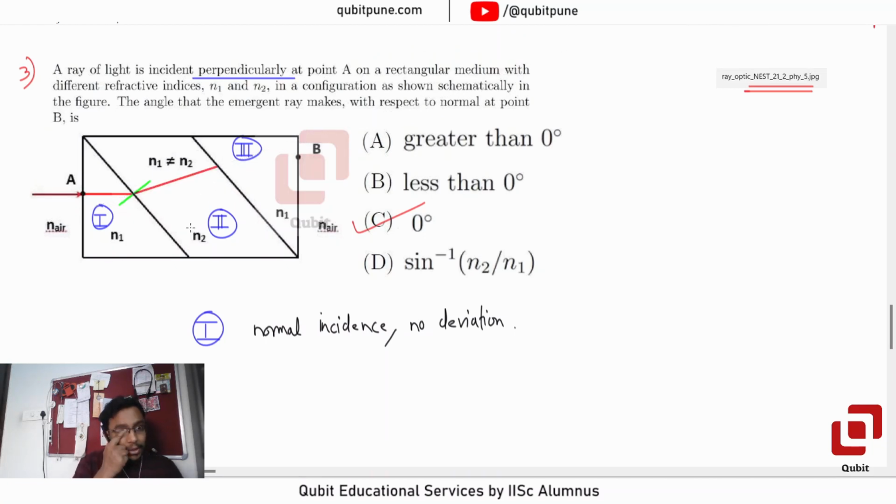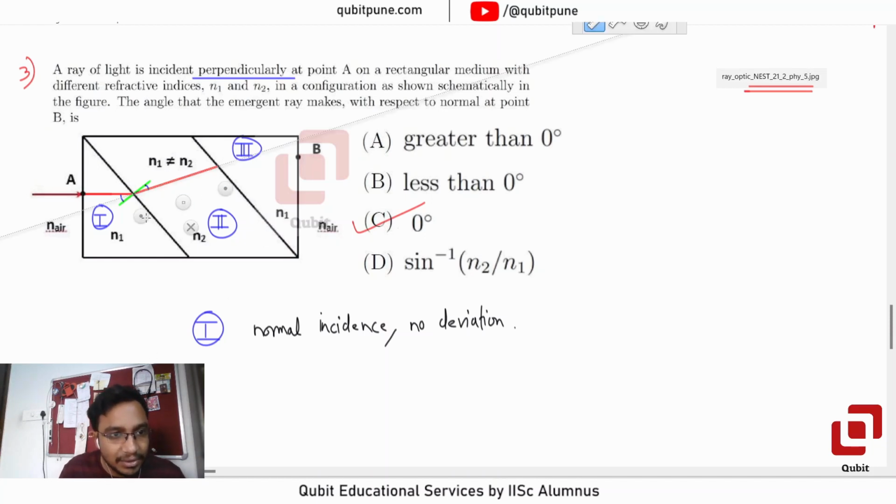The pairs of angles of incidence and refraction that we are going to get here, this pair and this pair, will actually get repeated on the other face.